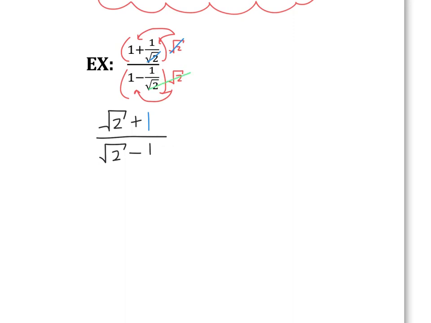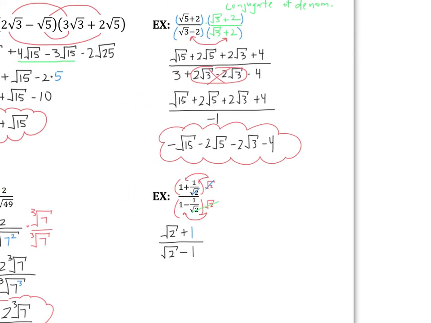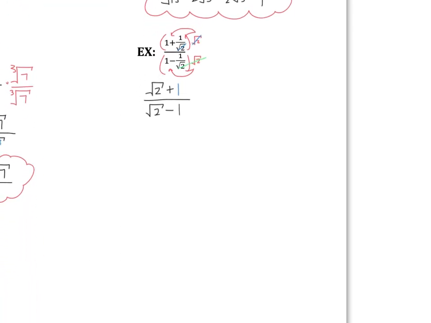And so we're just left with minus 1. So now this becomes a problem just like the problem up above where we're using our conjugate. So I want you to finish this problem off by multiplying the numerator and denominator by the conjugate of the denominator. So follow along the example right above, all right, and check back when you are done to see if you got it right.